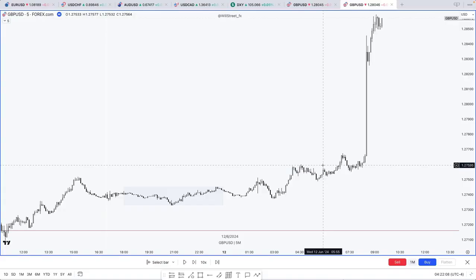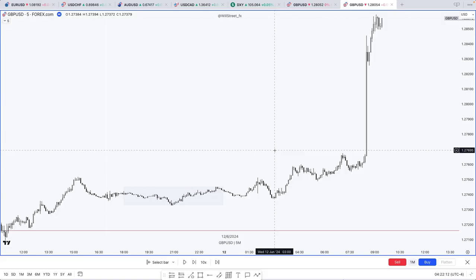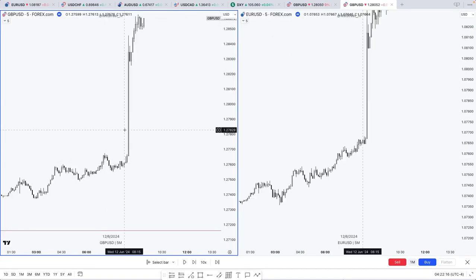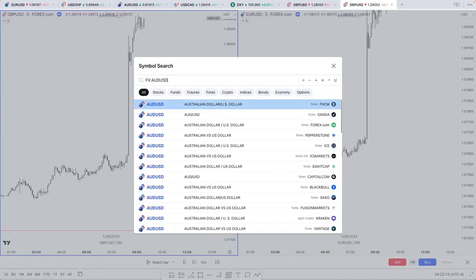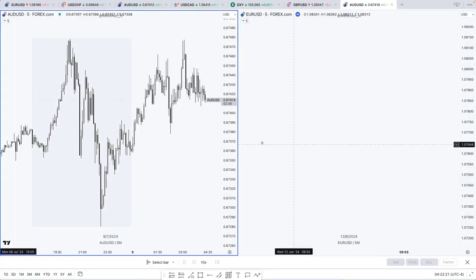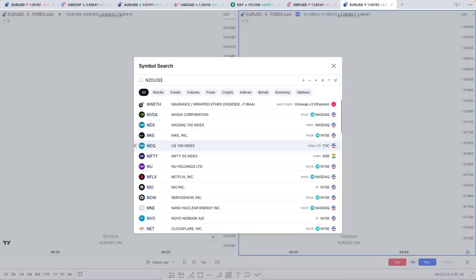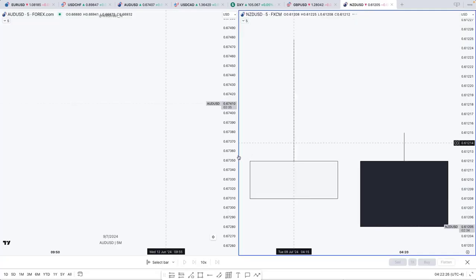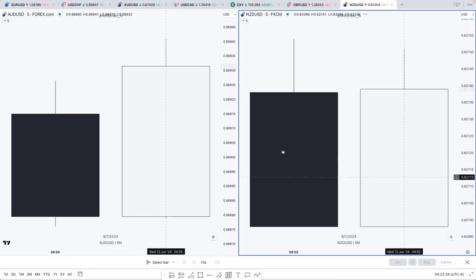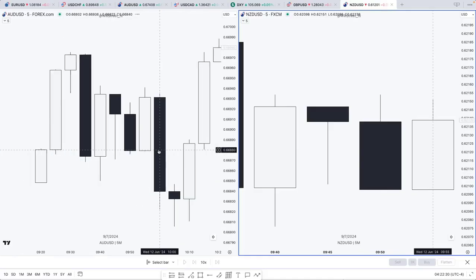Alright, next example. To change our pairs, I'm going to, because it's happening in every correlated asset. And I think I didn't take that one, but I was monitoring.